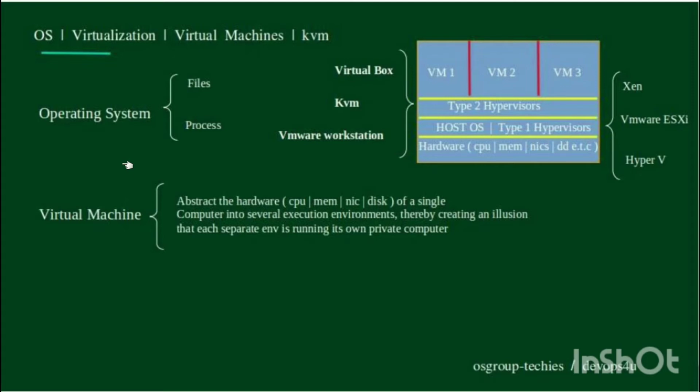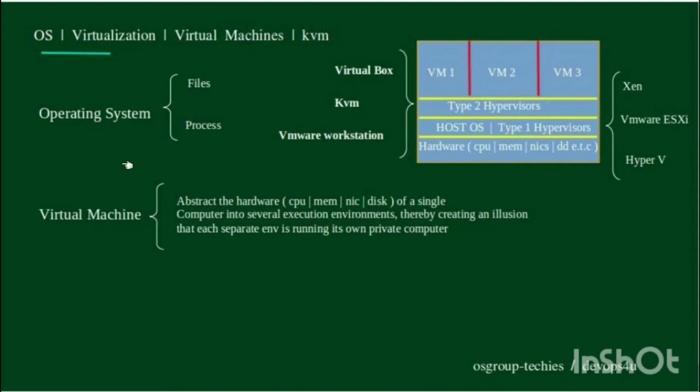For example, if we have very heavy hardware bound to a single operating system, you face that problem of underutilization. So to solve that problem, the concept of virtual machines came into the picture.